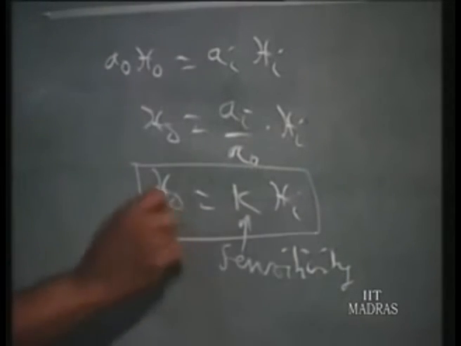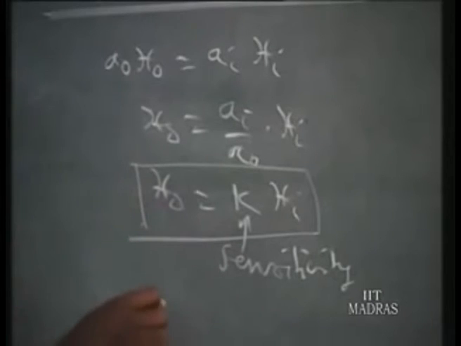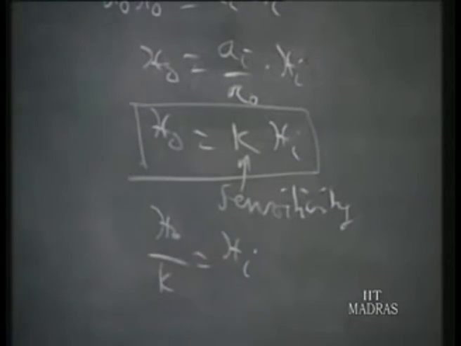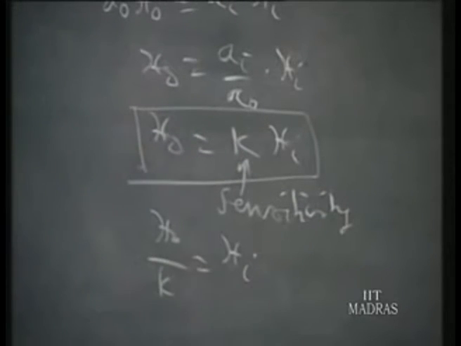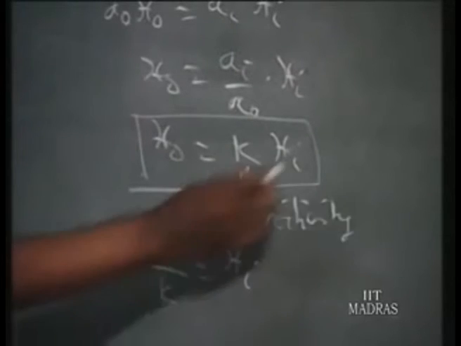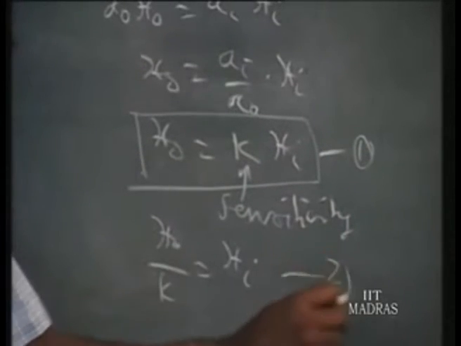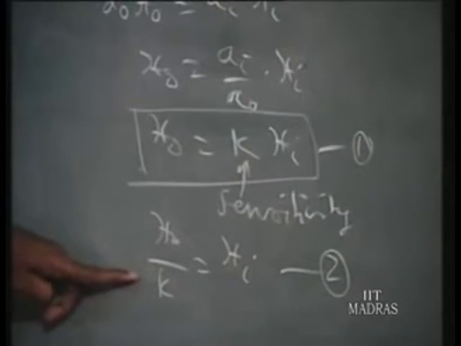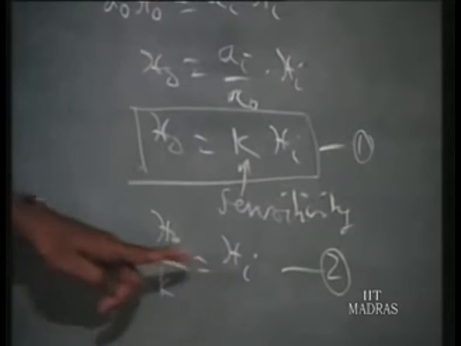This equation can be written in two more forms: xo/k = xi. It is the same mathematical equation written in a different form. Here, if the output signal xo is divided by the sensitivity, then you should get xi if there is no error.